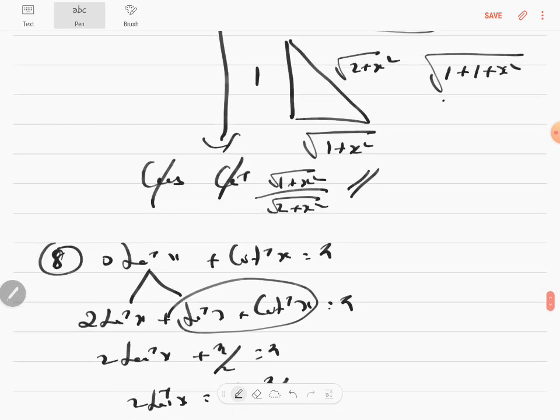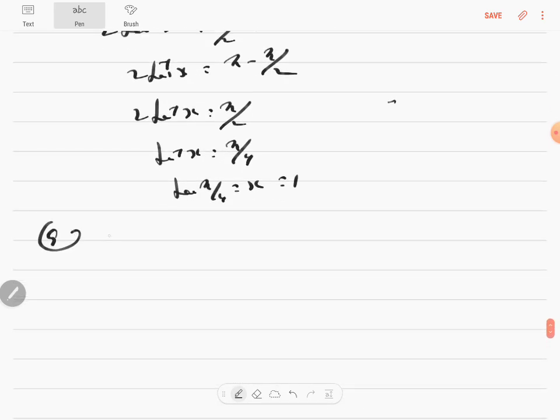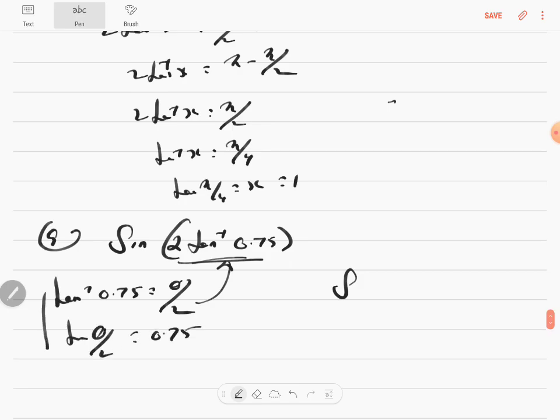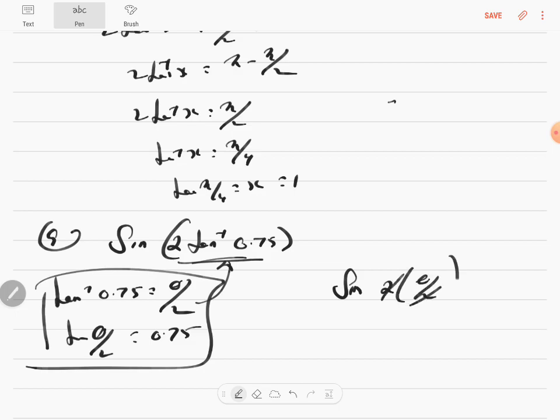So let's go to the next question, which is the 9th question, which is sine of 2 tan inverse of 0.75. You don't want a 2 tan inverse. So therefore you'll assume tan inverse of 0.75 as theta by 2. When you do that, tan theta by 2 is equal to 0.75. Sine of 2 into theta by 2, the answer is just sine theta.